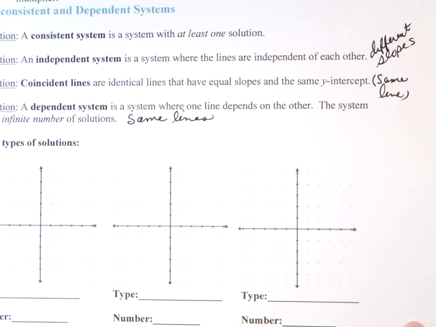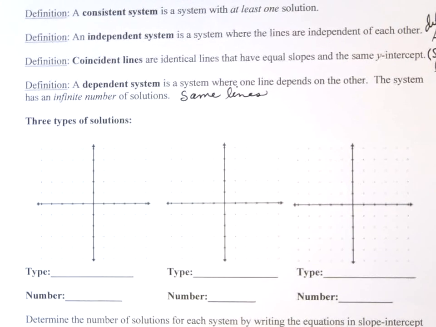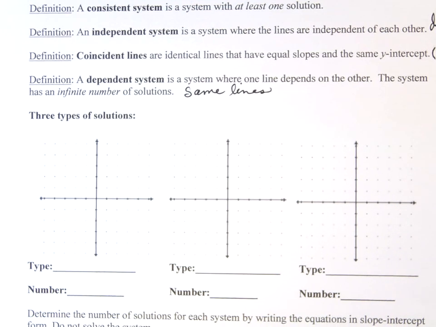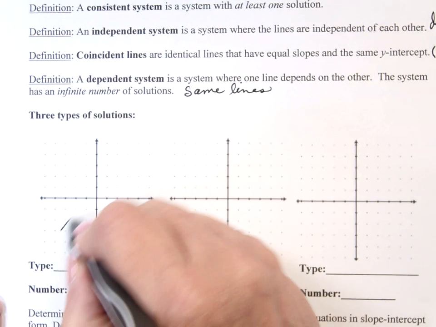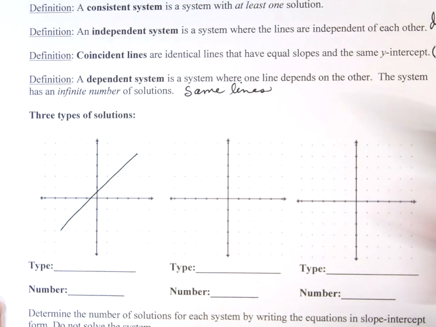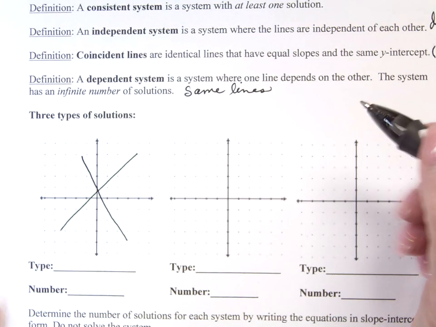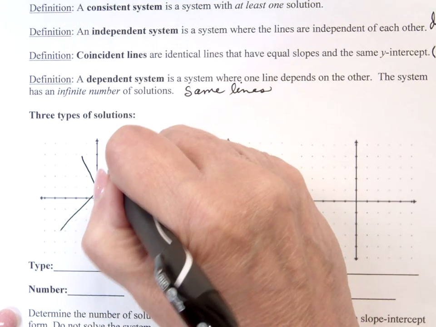And let me break this down for you. This comes from my intermediate algebra. If you're looking at systems of equations, 2 equations and 2 unknowns, 3 things can happen. You can have what they call independent. In this particular instance, I have lines that have different slopes.